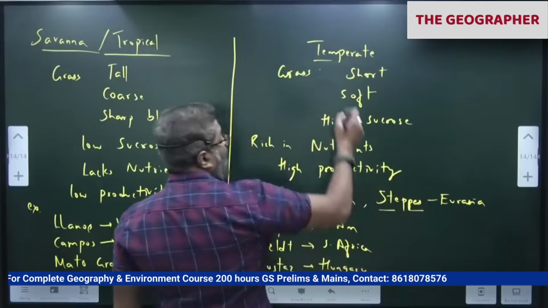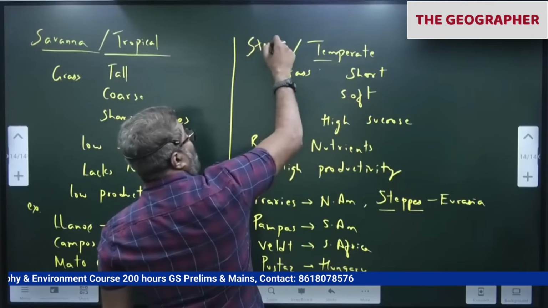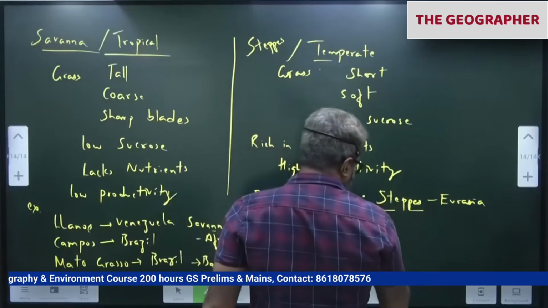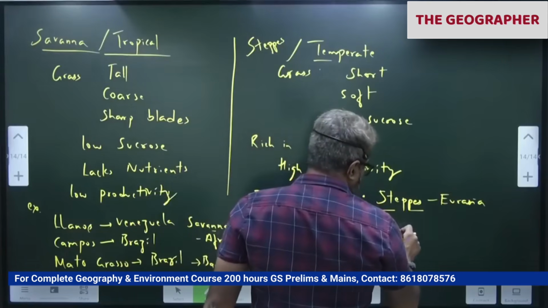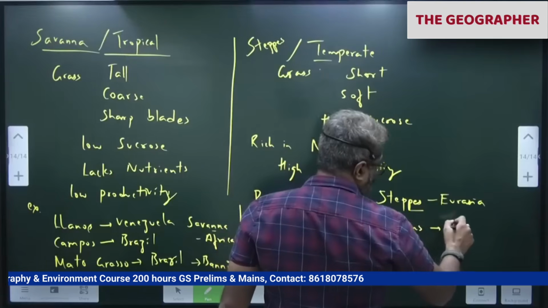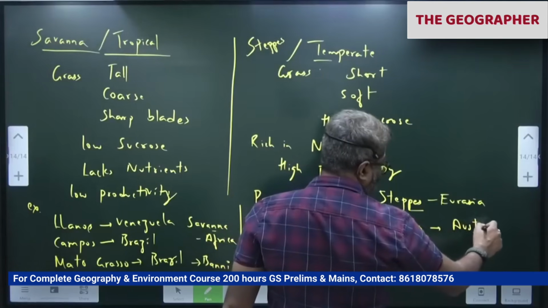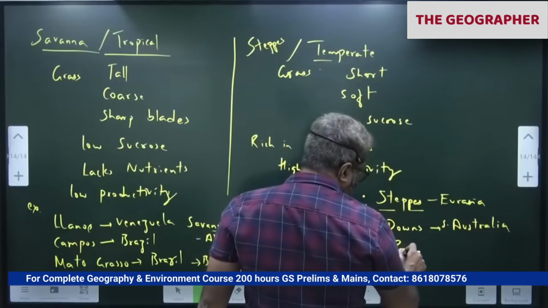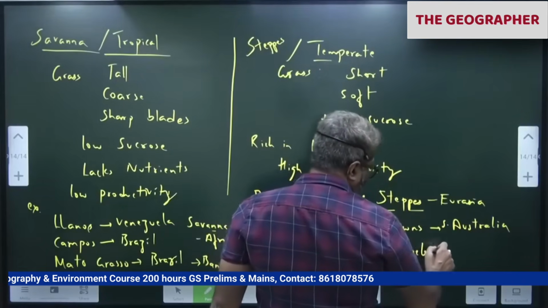Which is the most popular? Steppe. So the name, steppe grassland. Temperate grasslands are called as steppes. Downs are in Australia, southern Australia. Rangeland in New Zealand.